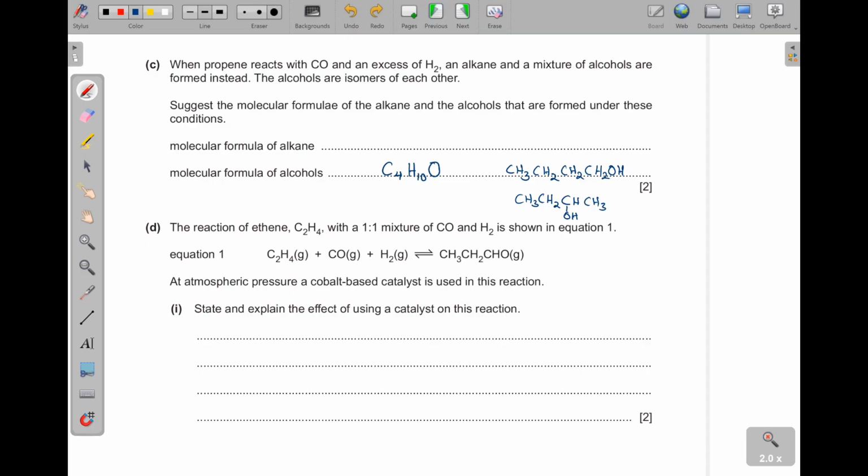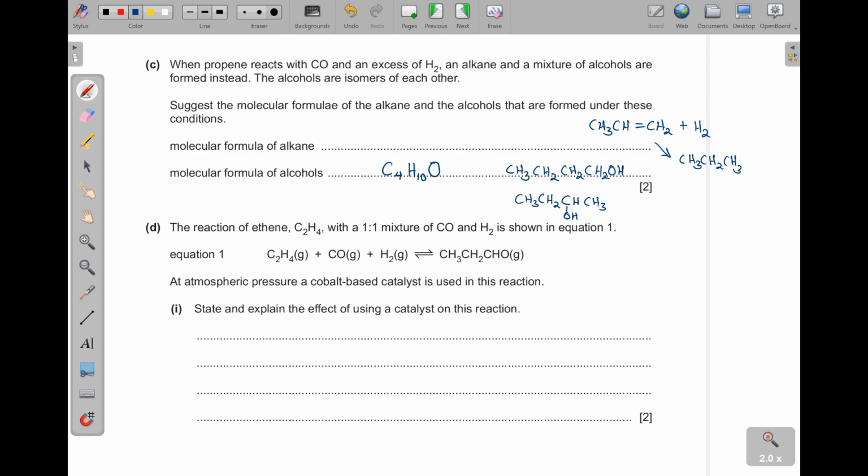You see that? So the alkane is going to be formed from propene when, let's say, a molecule of propene here now reacts. Remember they said an excess of hydrogen. So it will react with hydrogen here. Then you will get propane, CH3, CH2, CH3.